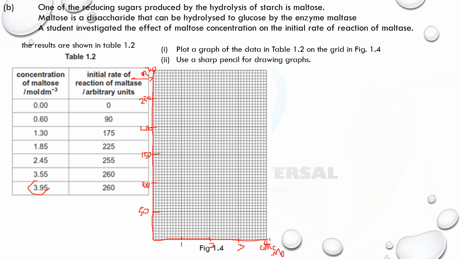So remember that one box here is 0.1, and one box here is 5.